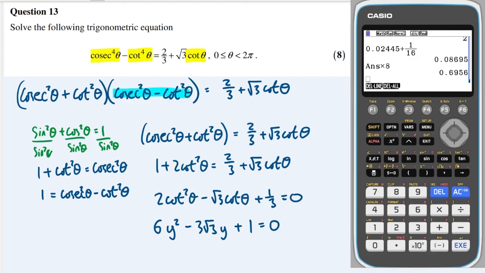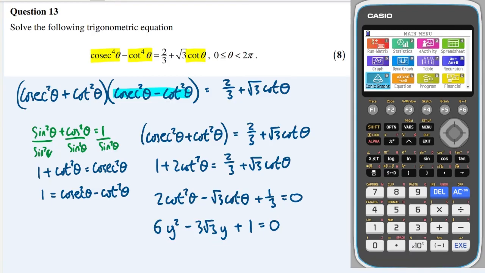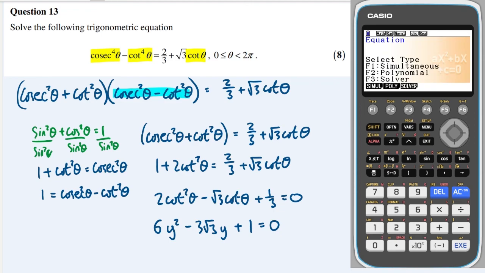Okay, now this is a quadratic we can solve, so I can just go to my calculator, because I'm lazy, and go to equation, go to solver, polynomial, sorry, degree 2, and we've got 6y squared minus 3 root 3 y plus 1. And we get root 3 over 3 and root 3 over 6.